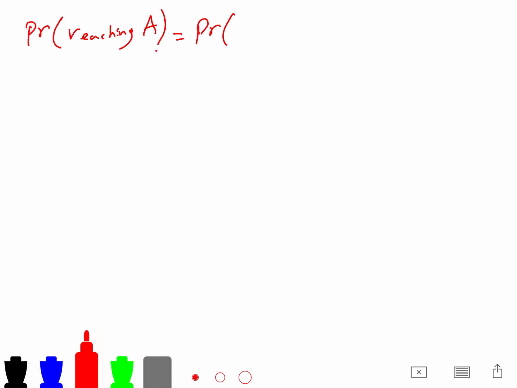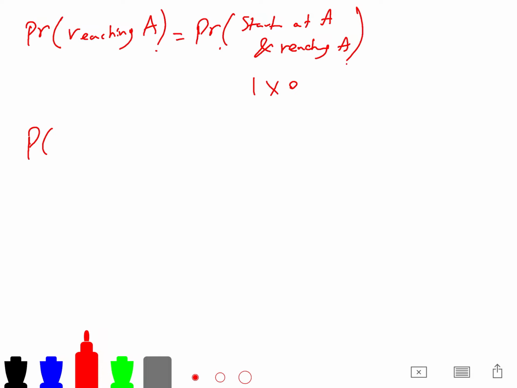The probability of reaching A is the probability of starting at A and reaching A, so 1 multiplied by 0.